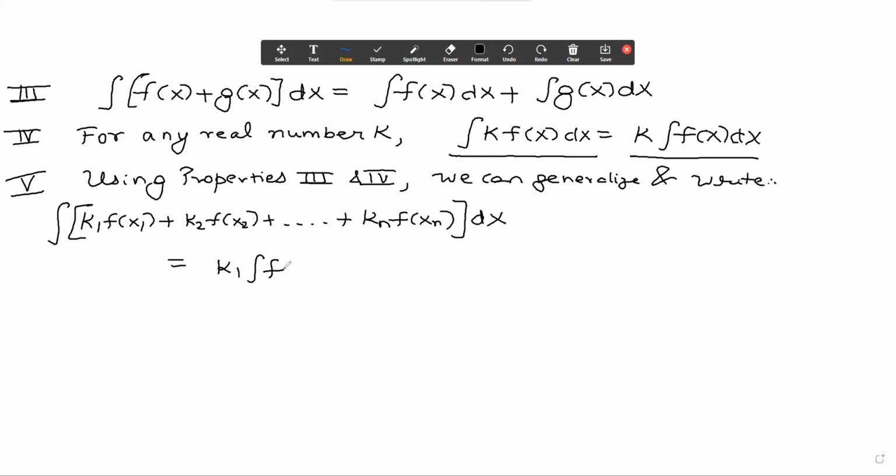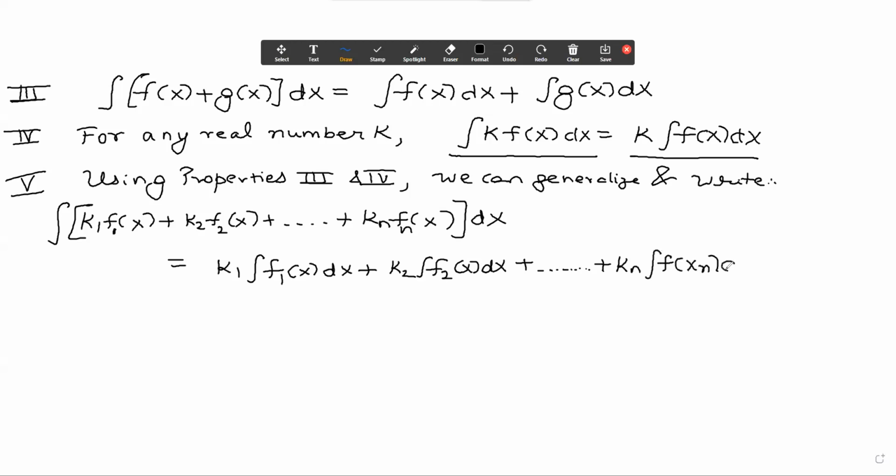Guys, this is a small mistake we have made. Let me correct it. This is function 1, function 2, function n. So integral of k1 into f1x plus k2 into f2x plus dot dot kn into fnx is k1 into integral f1x dx plus k2 into integral f2x dx plus kn into integral f of xn dx.